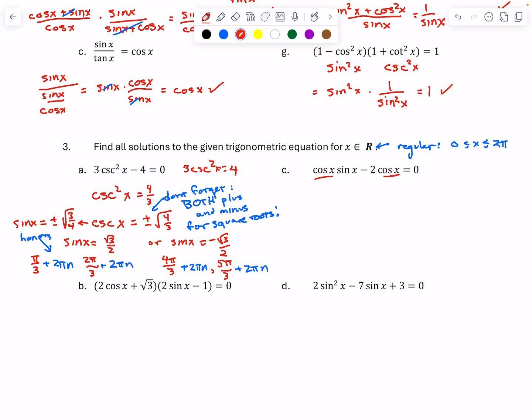Factor out cosine. And don't forget that you set each one separately to 0.